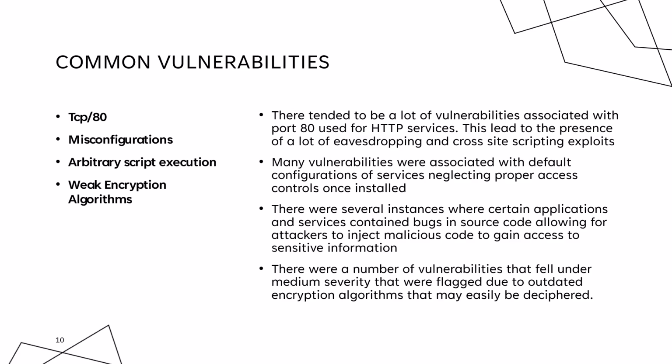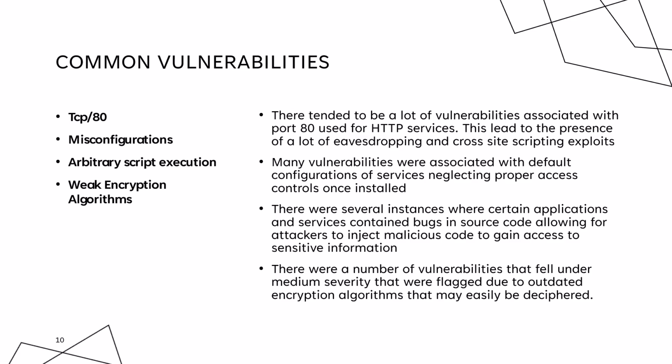So instances where certain applications and services contained bugs in source code, allowing for injection of malicious code to gain access to sensitive information. And lastly, there were a number of weak encryption algorithms and weak certificates used for essentially safeguarding data during transmission.